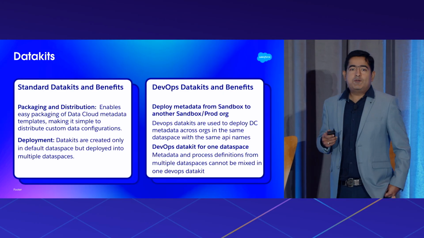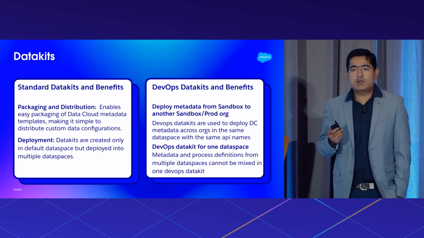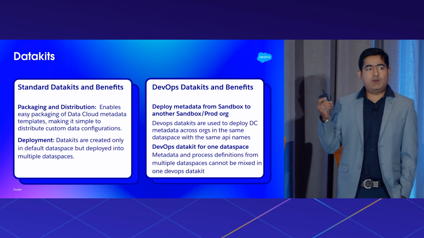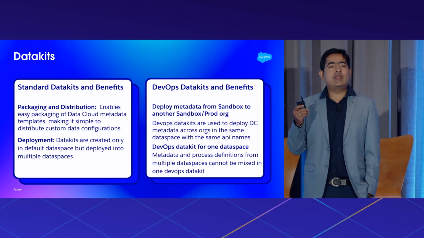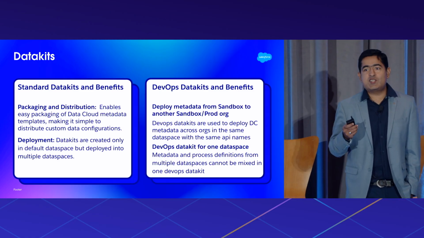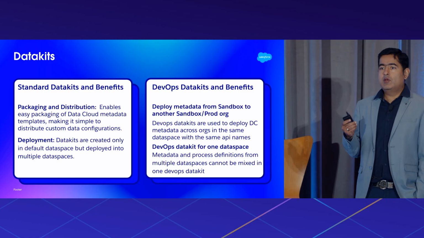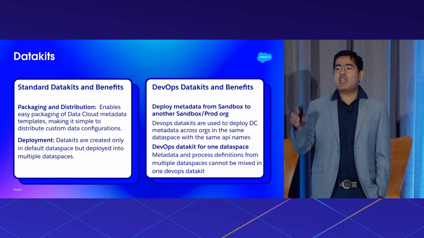So we have two types of data kits. One is standard data kits, the other one is DevOps data kits. It's very important to understand the difference between these two. Standard data kits should be used only when the end goal is packaging and distribution. So if you want to create a managed package and upload it on AppExchange, use standard data kits, wherein you can create a generic solution.